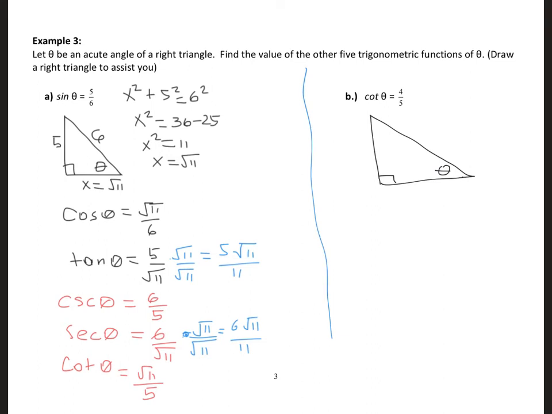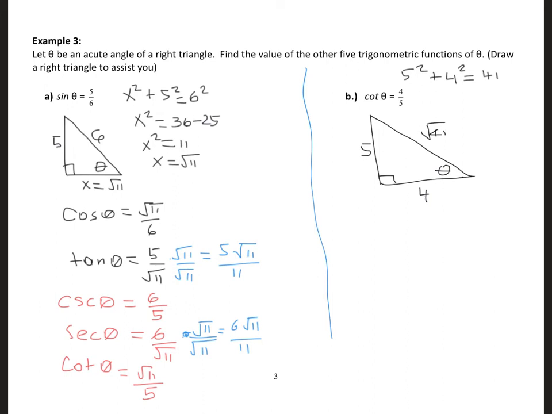So our adjacent is going to be 4, and this is 5. We can find the missing side by doing 5 squared plus 4 squared, which is going to be 41. So the hypotenuse is going to be square root of 41.